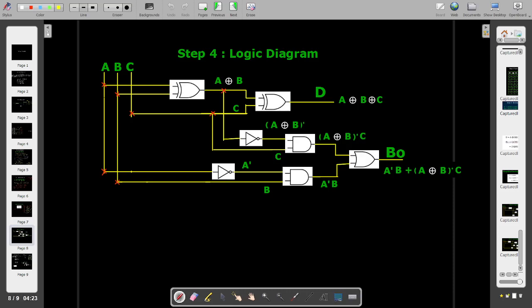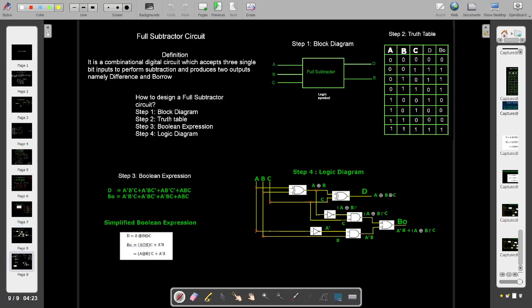This logic diagram. I have given all the details here, and as a summary, everything is included in a single page. So full subtractor circuit definition, how to design in 4 steps. This is step 1, this is step 2, truth table formation. Then Boolean expression, here it is obtained and simplified and the expression is written.